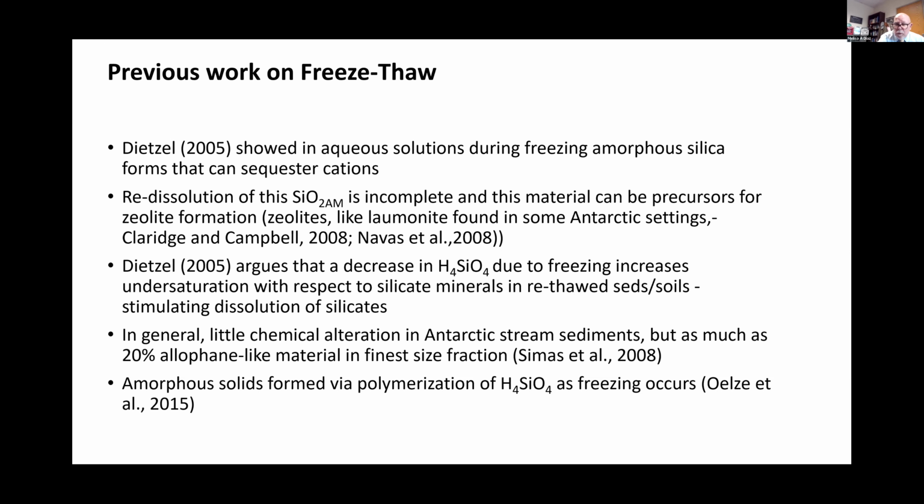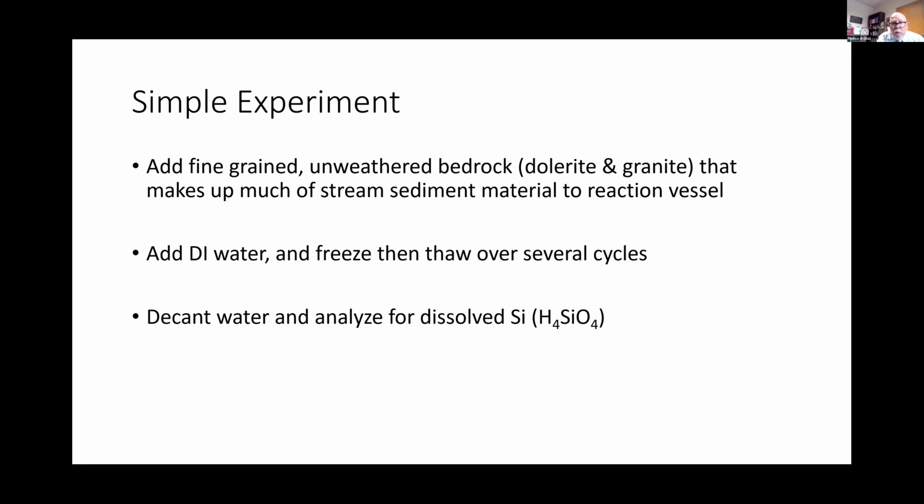So what we wanted to do is to see if in these stream sediments we could reproduce some of the earlier work. So what we did was a very simple-minded experiment. We took two of the major bedrock types of the Taylor Valley, a dolerite and a granite specimen. We crushed them up.